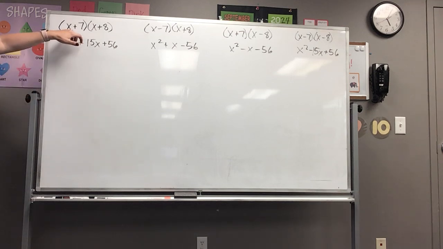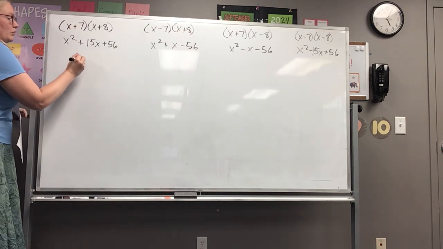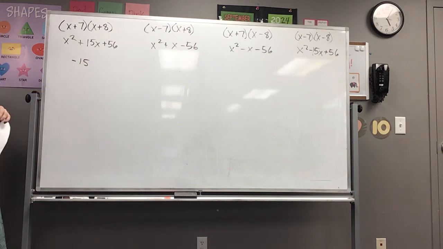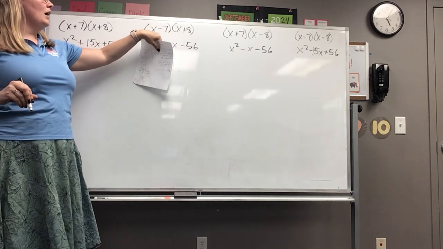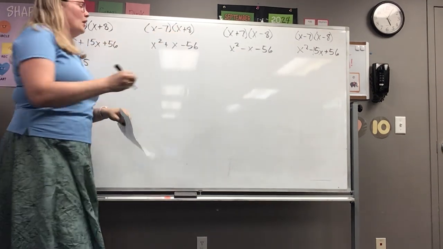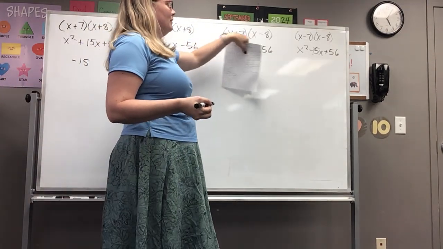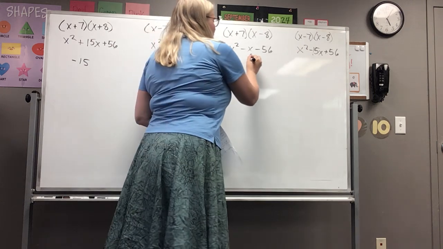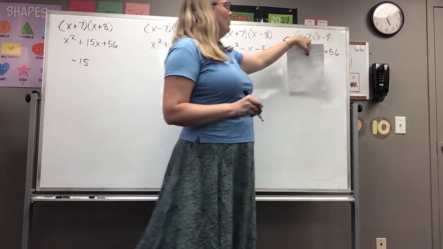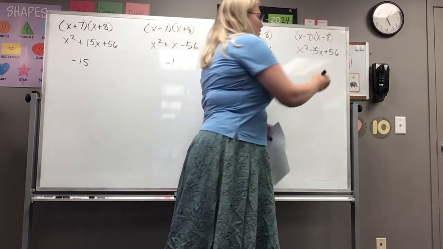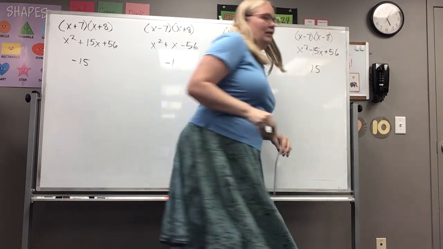And so here, it would be -7 and -8. The sum of the two roots would be -15. Here, it would be +7 and -8. The sum would be -1. Here, it would be -7, +8, +1. Here, it would be +7, +8, +15.